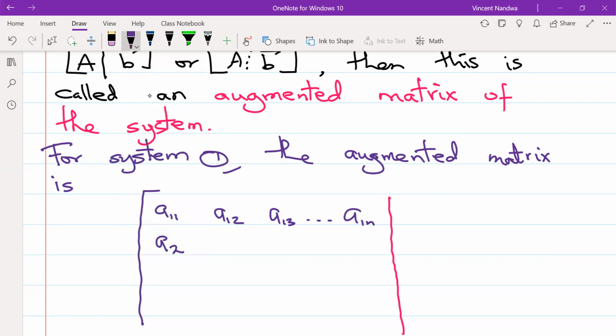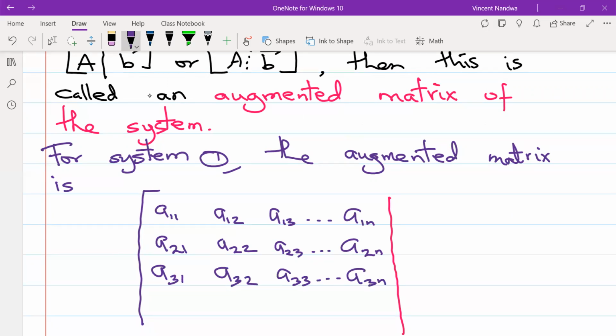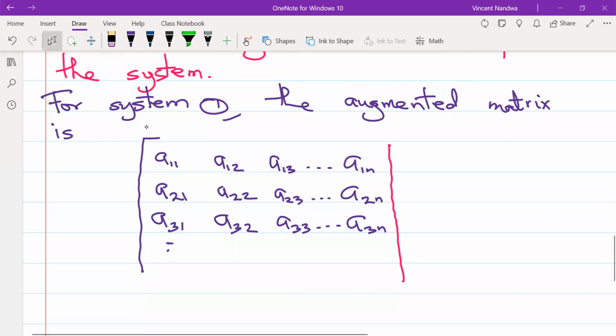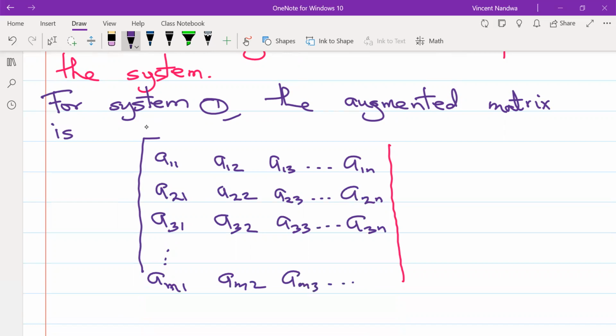So a21, a22, a23, a2n, a31, a32, a33, up to a3n, am1, am2, am3, and then b1, b2, b3, all the way up to bm.